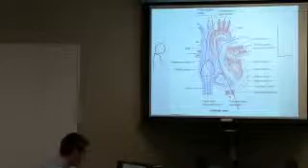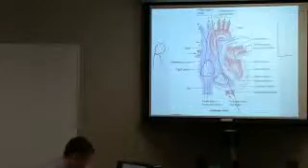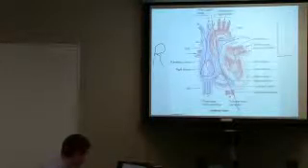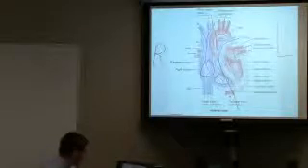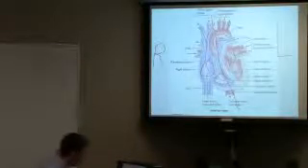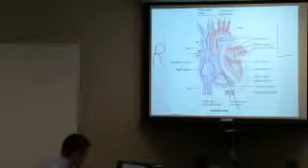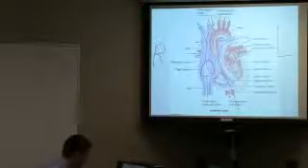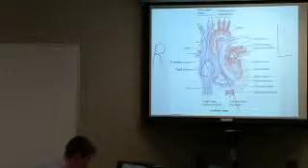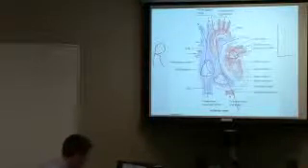This is the right ventricle. Very good. And again, we're dealing with deoxygenated blood, so it's going to be sent to the lungs. And then when it comes from the lungs, it's going to go to the left atrium, very good.